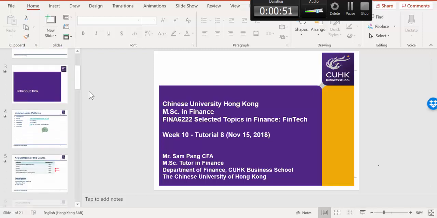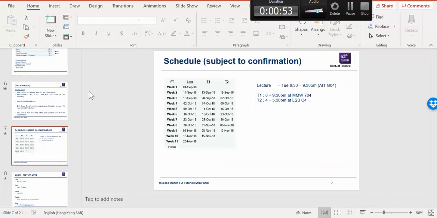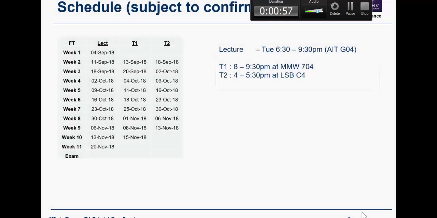The reason being, if you look at the calendar, and I think I did mention this last week, we are here, and next Tuesday will be the last lecture session, which is going to be a combination of a short exam plus your presentations, okay?